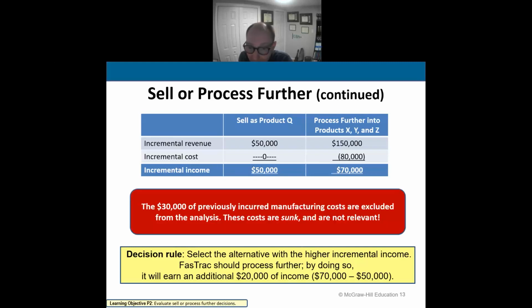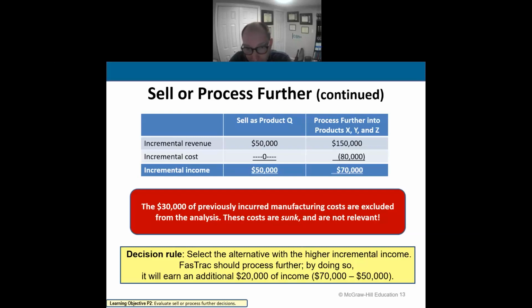This is just looking at the revenue side of things. We took it a step further and looked at gross profit, which is really what you should be doing, because the gross profit is going to tell us the ultimate difference. If we sell it as is, as it says right here at the very bottom, it yields an additional $20,000 of income.